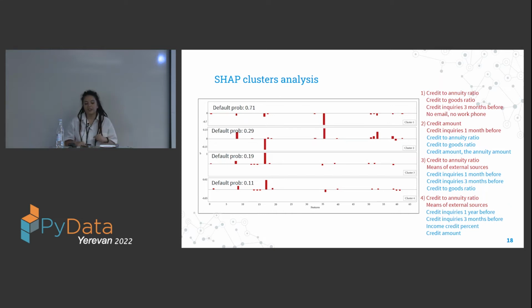Based on these SHAP coefficients, the clustering was done. It clustered people with higher default probability in the first cluster, and people with low default probability in the last cluster.